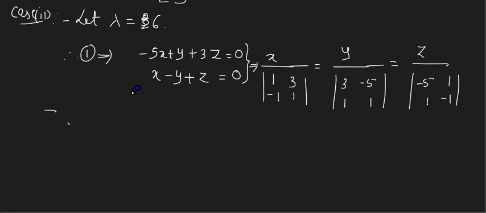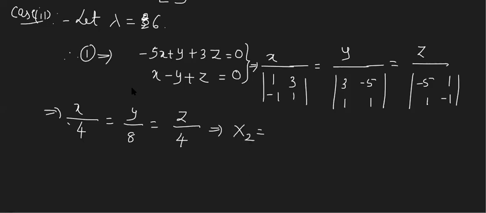So it is x upon: solve and tell me. 1 plus 3, correct? 4. y upon 3 plus 5, 8. z upon 5 minus 1, 4.